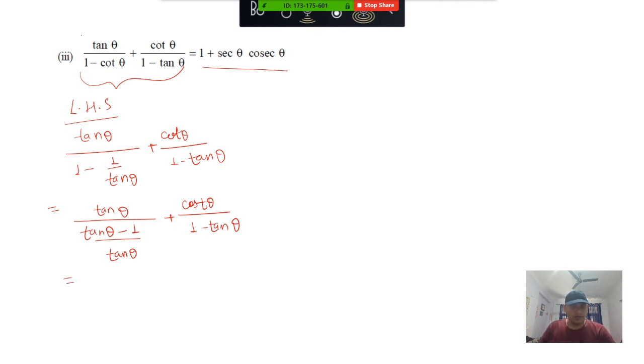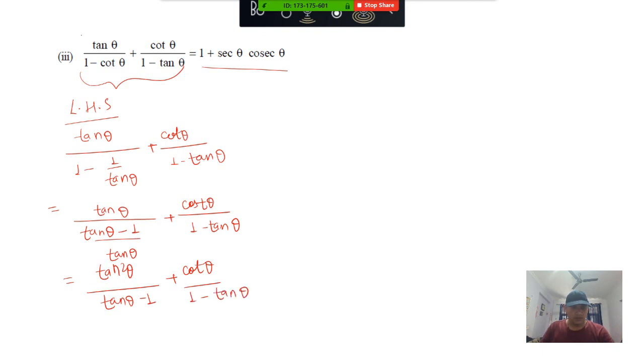So if you solve this one, this tan theta from the denominator goes up into the numerator and it becomes tan square theta upon tan theta minus 1 plus cot theta upon 1 minus tan theta.